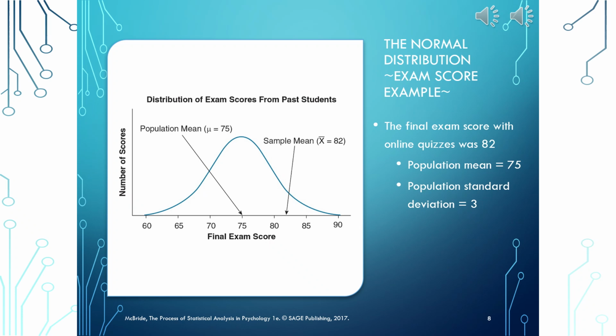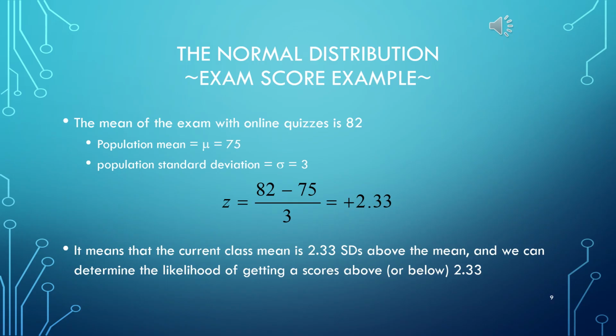So the population is the distribution of exam scores from all of the past students in this class, and that's represented by mu, right? Mu equals 75. The sample mean, which is just the newest class's average on the final exam, that's x bar, and x bar equals 82. So how likely is it we would see such a sample mean given the previous population mean?